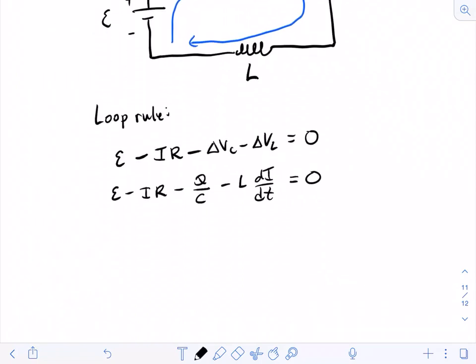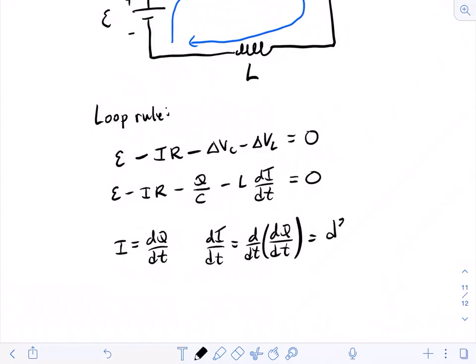Let's see, I is dq dt, so therefore di dt is d by dt of dq dt, but that's just the second derivative of charge with respect to time. So for the current, we put dq dt, and for di dt, we have d2q dt2.